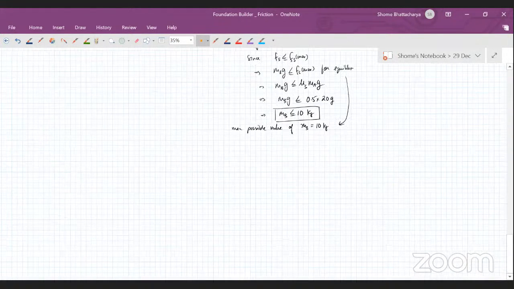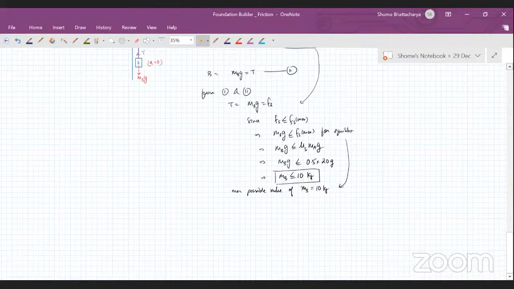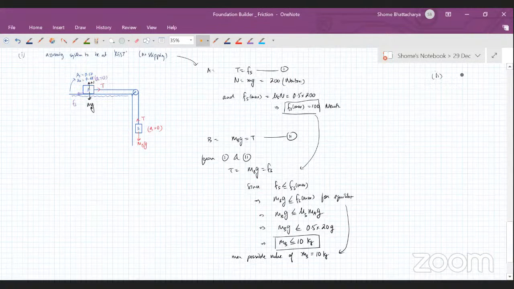And once we have calculated this limiting value of 10 kg, we can see how it will help us in solving the second part also. Because in second part, for the first section, for the A section, I've taken the mass of B to be 4 kg. So you can see it's less than 10 kg. So obviously this will be a situation where there is equilibrium or no slipping. So you can solve using the same free body diagram.